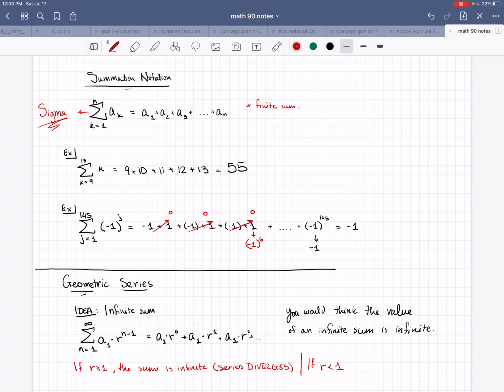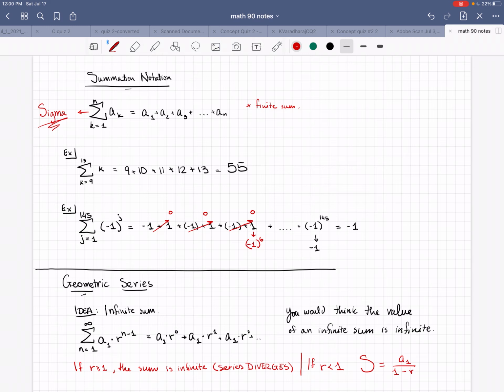So as it turns out, if r is less than 1, the sum of an infinite geometric series is actually finite.